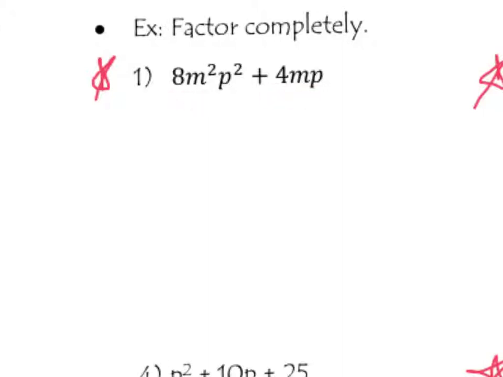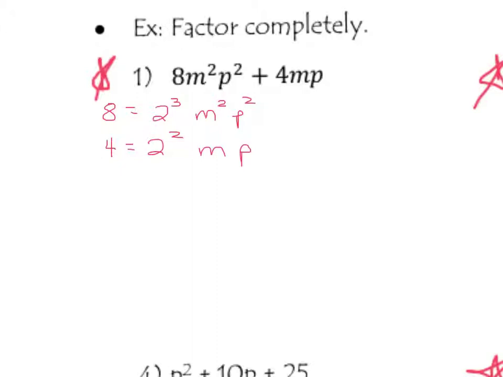The way you do this is easy. You can see it's 4MP, but let me go over the way you can do this if it isn't so easy. You write down the first coefficient and break it down to its prime bases with exponents, and then do the same with your second. Then write out what's left on each term.